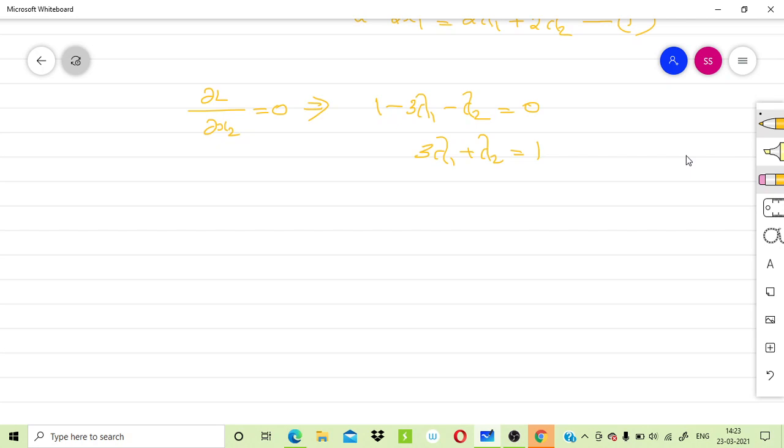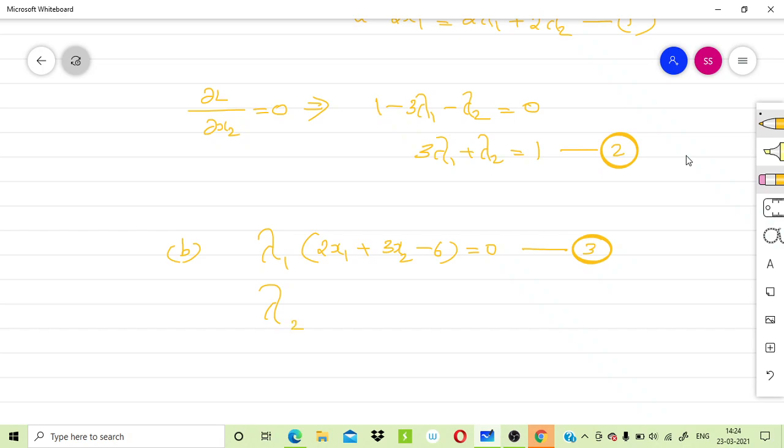This is equation number 2. And the condition B is lambda 1 into 2x1 plus 3x2 minus 6 equal to 0, and this is our equation number 3.